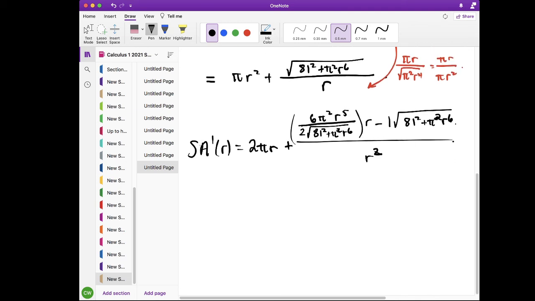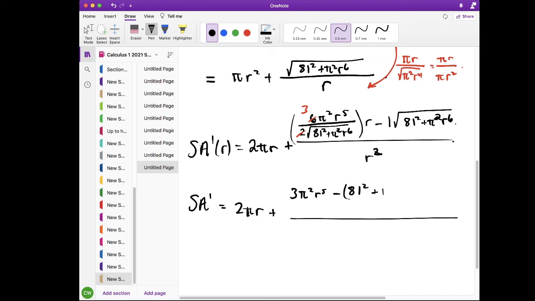Okay, so we can cancel this and make a 3. When we combine fractions in the second part, we get 3 pi squared r to the 5th minus 81 squared plus pi squared r to the 6th, over the square root of 81 squared plus pi squared r to the 6th, all over r squared.